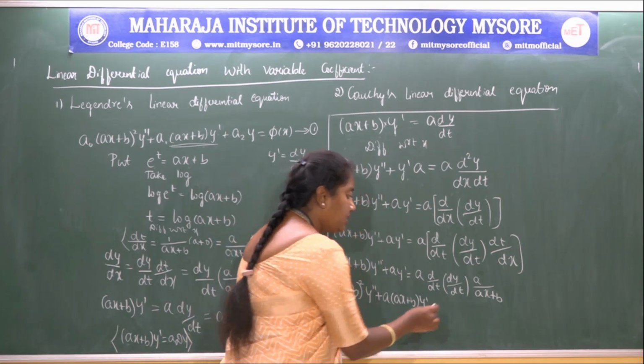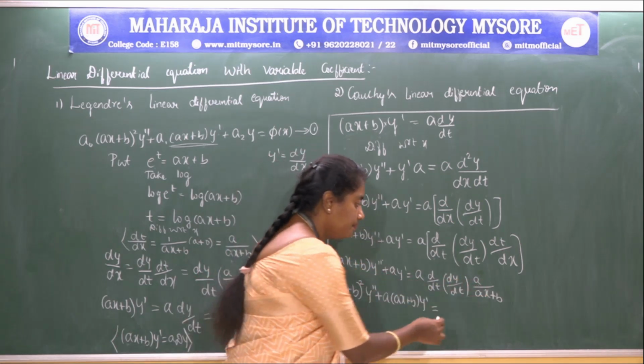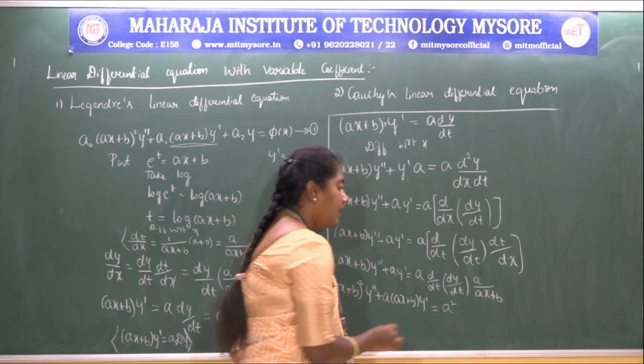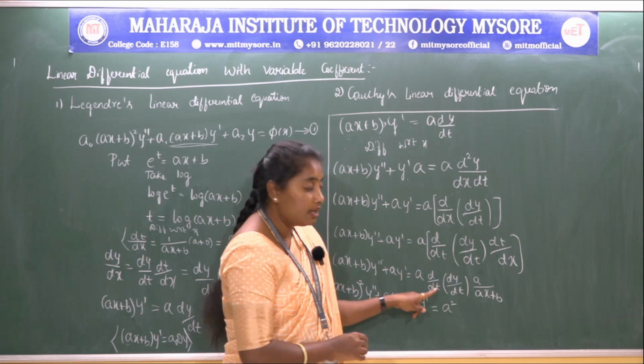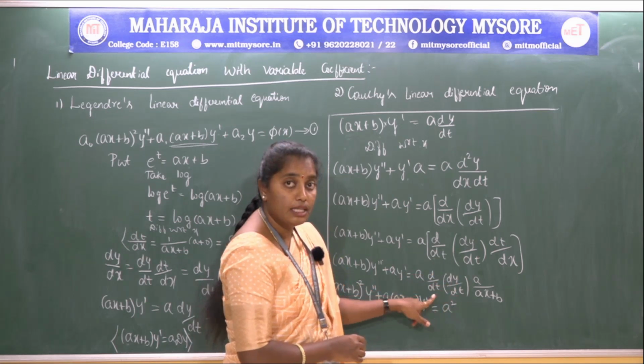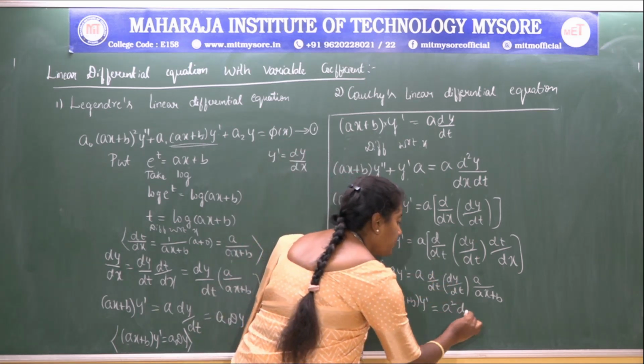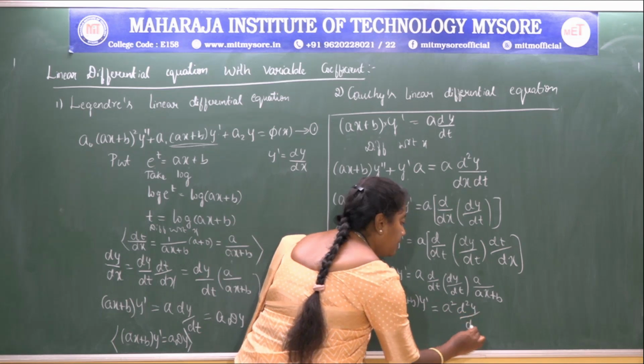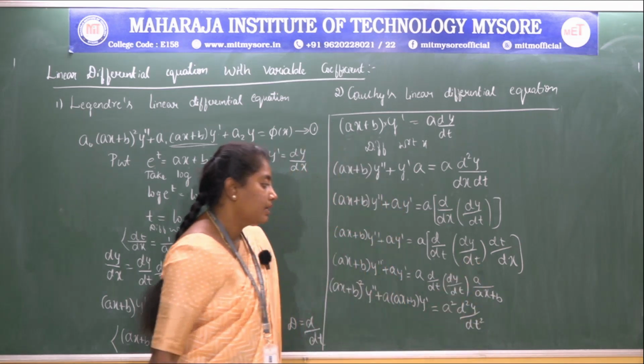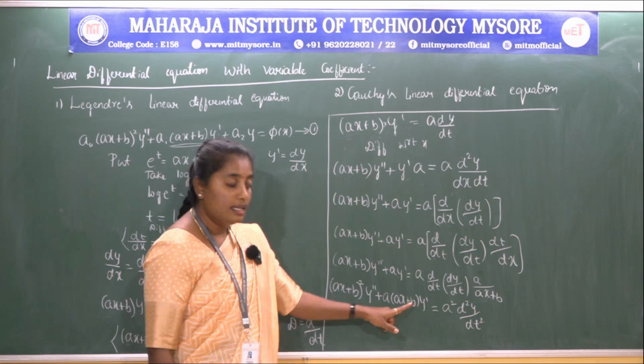We are left with a into a square, and this is the second order derivative of y with respect to t, that is d square y divided by dt square.